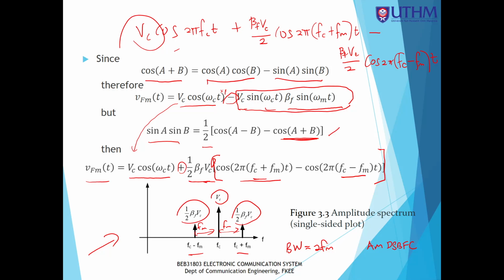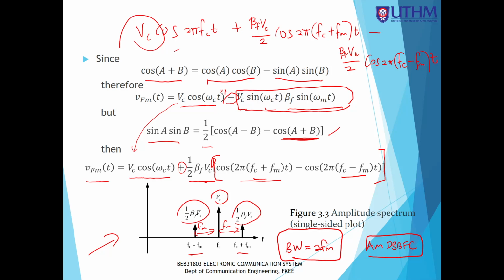So even for FM, this is for frequency modulation. For frequency modulation, a bandwidth of 2 fm is considered a small bandwidth, whereas for AM, remember when we learned AM double sideband full carrier, it is considered a big bandwidth. But that one is for AM.